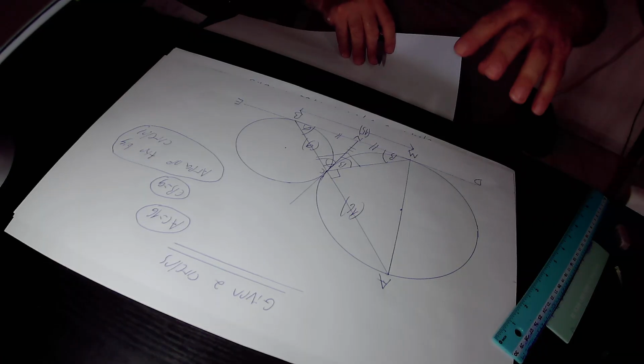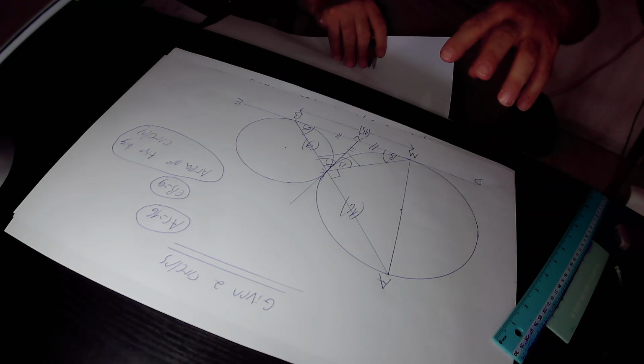And we know that the center of the circle must be located on the diameter of the circle.